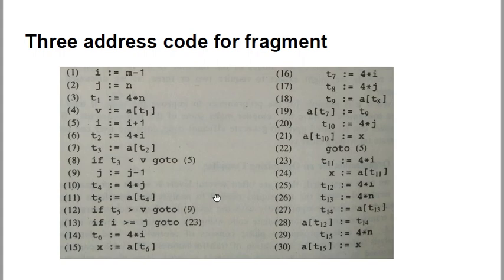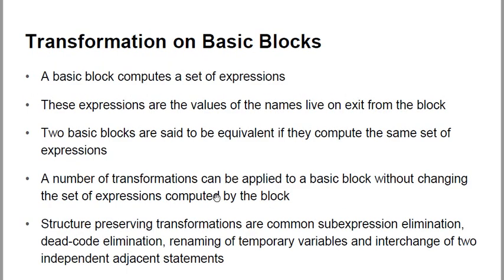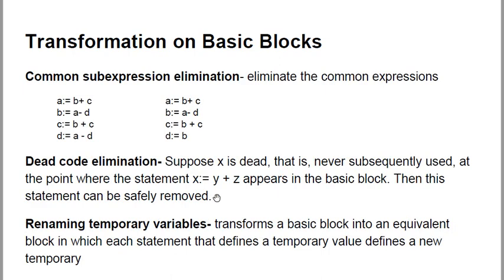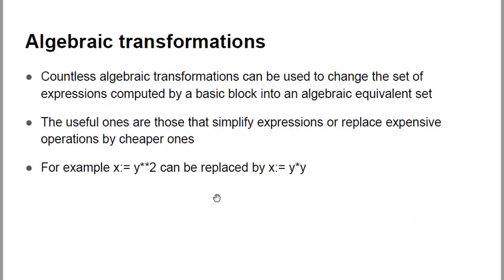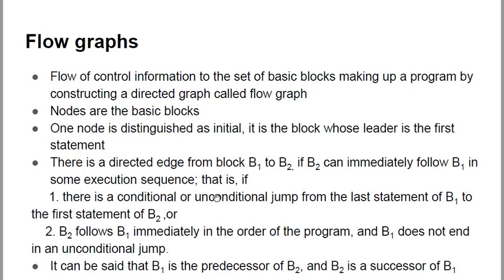In this lecture I have explained the importance of three-address code, how it helps in the generation of basic blocks, how we can generate our flow graphs, and the different transformations applied to basic blocks: common sub-expression elimination, dead code elimination, interchange of statements, and algebraic transformations. These transformations can be applied to basic blocks in order to optimize them.